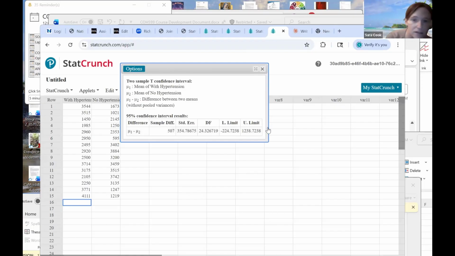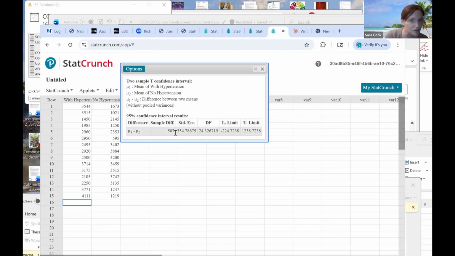And so based on this analysis, we're coming to a very similar conclusion: because the confidence interval overlaps zero, meaning it could be negative, it could be positive, it could go either way, we're not going to say that yes, one's different than the other.